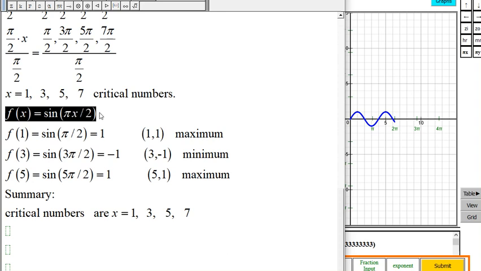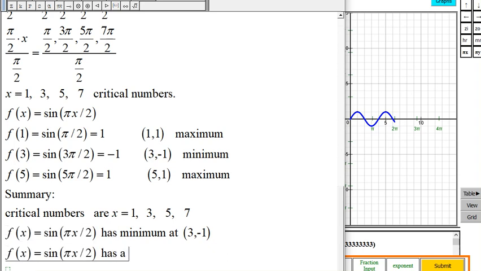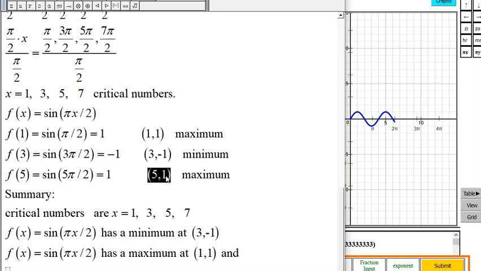And then we say that the function has a minimum at the point 3, -1, and the function has a maximum at the point 1, 1, and has a maximum at the point 5, 1.